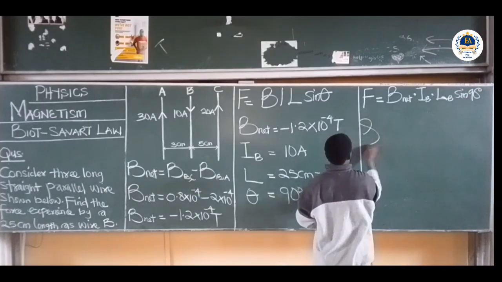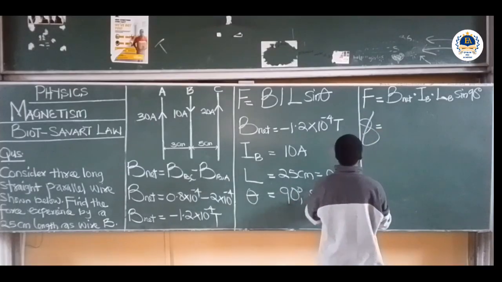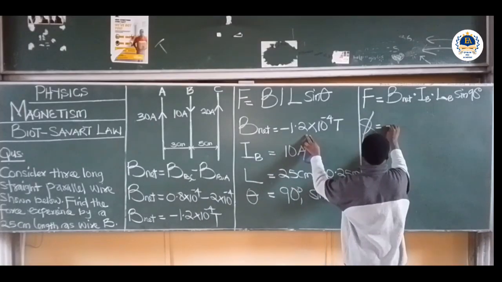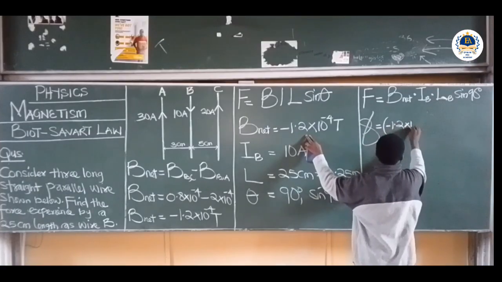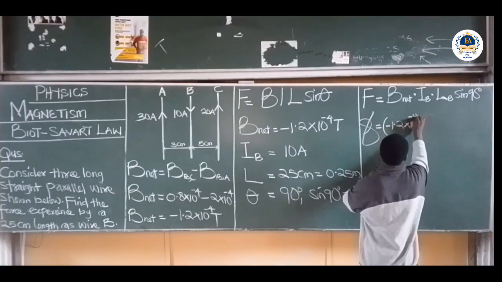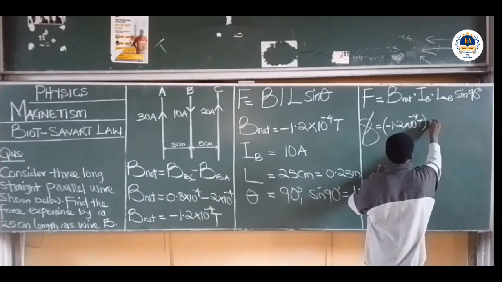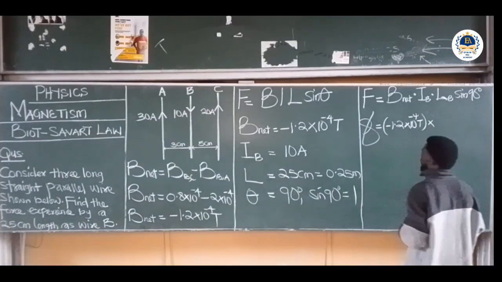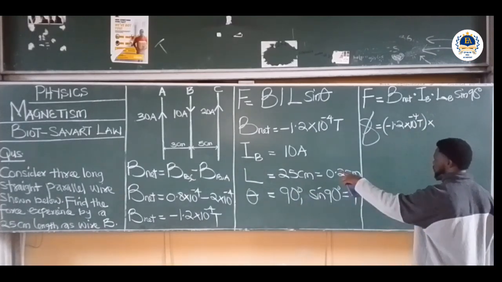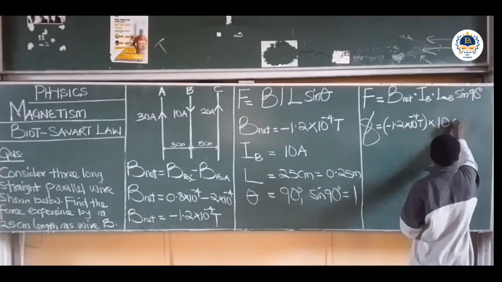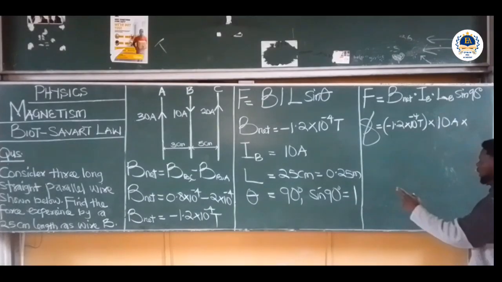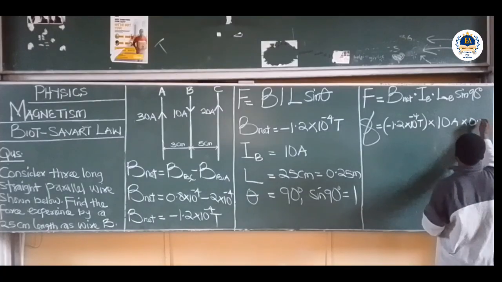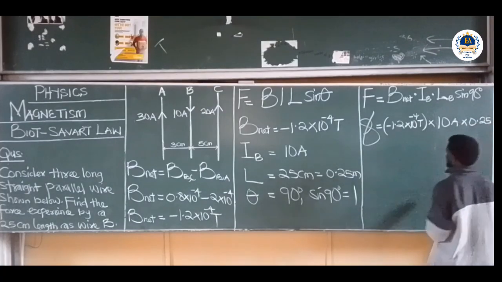So F is equal to B net, given as minus 1.2 times 10 raised to the power of minus 4 Tesla, times I, given as 10 amperes, times the length, 0.25 meters.